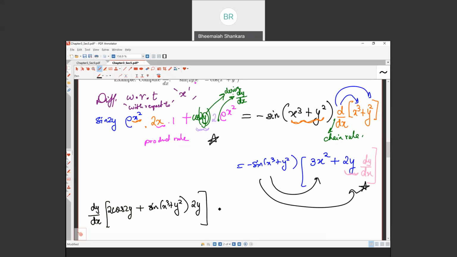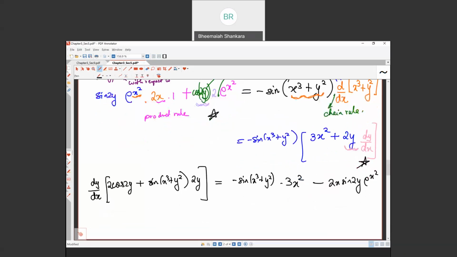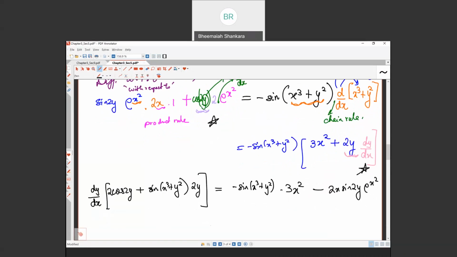Now move all the other terms to the right hand side. You have a negative sine expression on the right, which is multiplied by 3x square, and then you have a sine 2y term from the left, which you want to move to the right. So it is 2x sine 2y e to the x square, but this comes with a negative sign. With all this, you see that you want a derivative term dy over dx, and you don't want all these expressions in the square bracket.